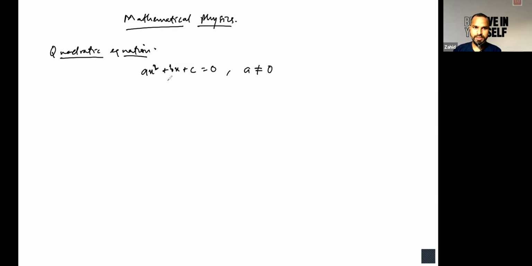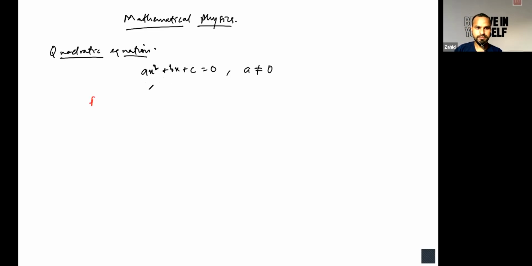So how to solve this? You may have learned there are 3 different ways to solve this equation. First, by middle term splitting; second, by quadratic formula; or third, by completing the square method. I'm defining some concepts regarding it.